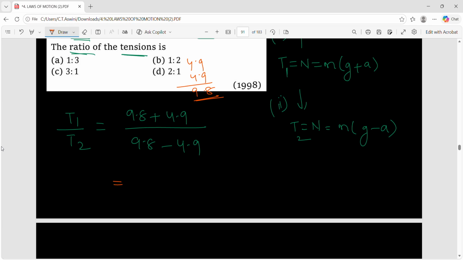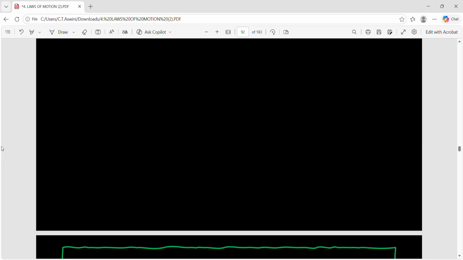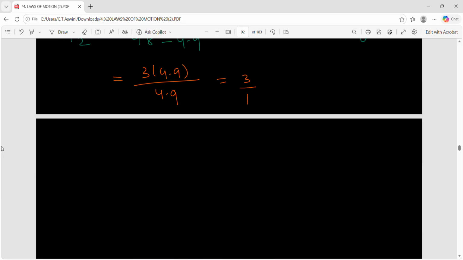You'll get 9.8 only. So in the numerator I can write it as 4.9 plus 4.9, and already 4.9 is there. So this is 3 times 4.9. 9.8 minus 4.9 is 4.9, so they get cancelled. What will you get? 3 by 1. So what is the ratio? 3 is to 1. Clear?